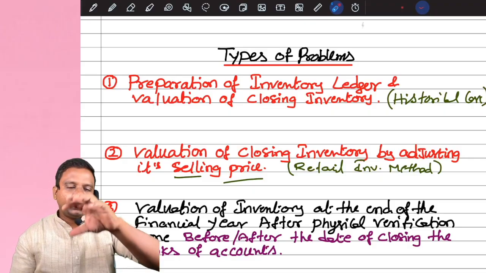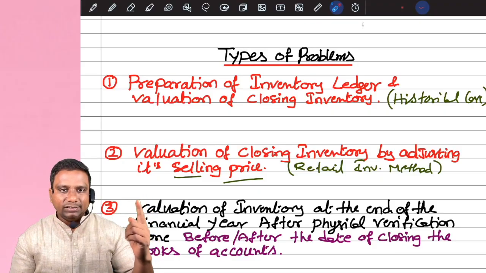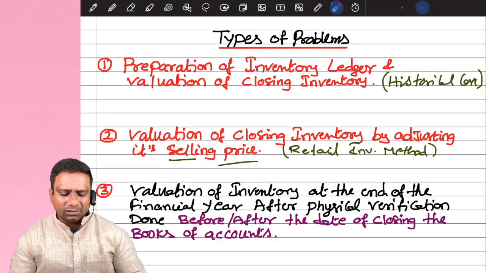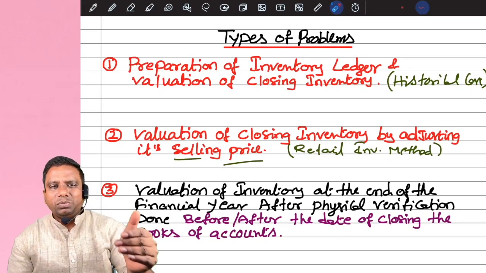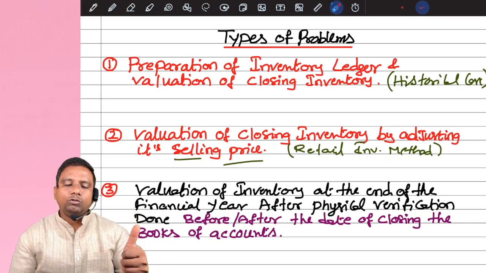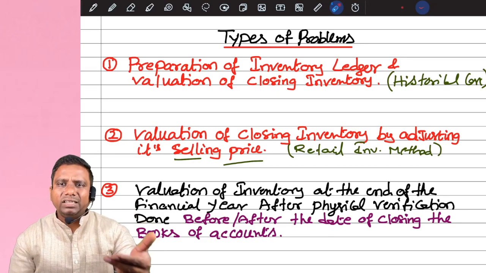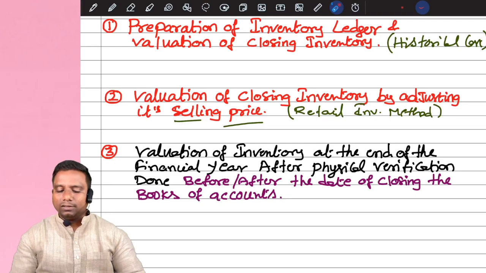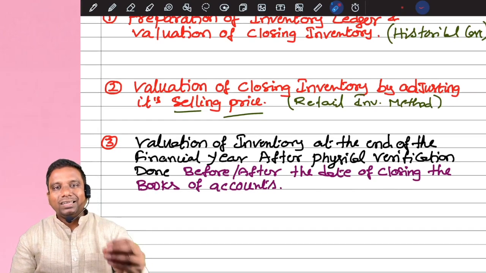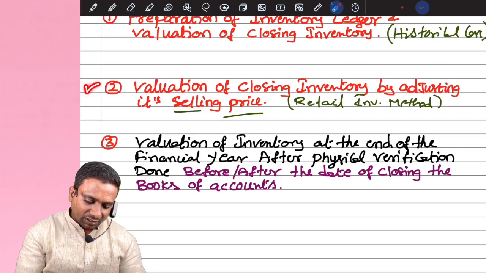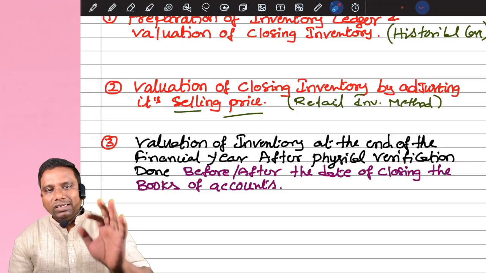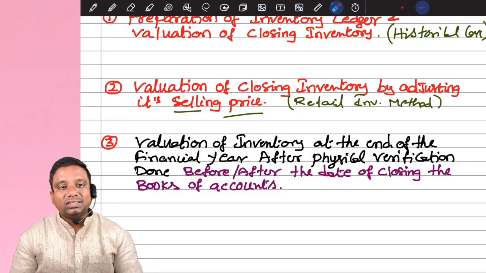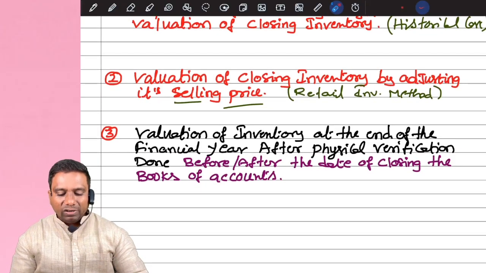Here comes preparation of inventory ledger, which we already discussed. Here it is not a technique, students. Simply we prepare inventory ledger either by following FIFO method or LIFO method or simple average or weighted average. But the real concept of valuation of inventory technique comes here. Second one is valuation of closing inventory by adjusting its selling price, and the next one is inventory taking.